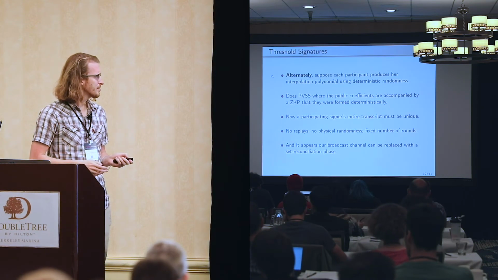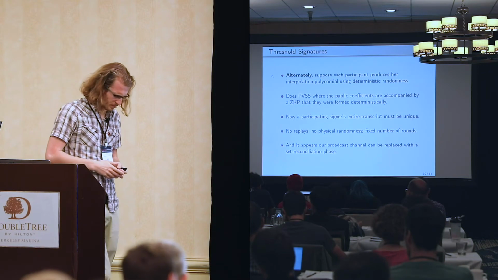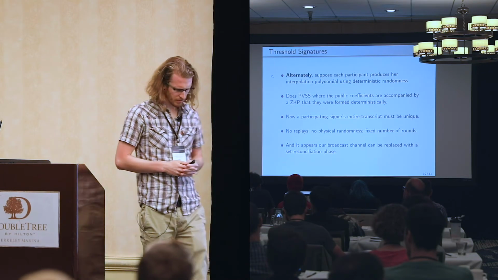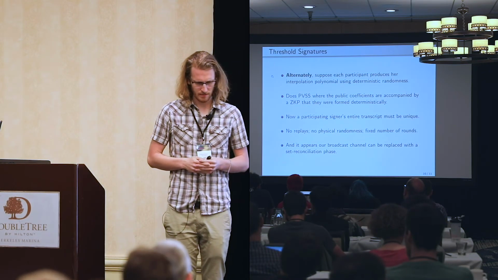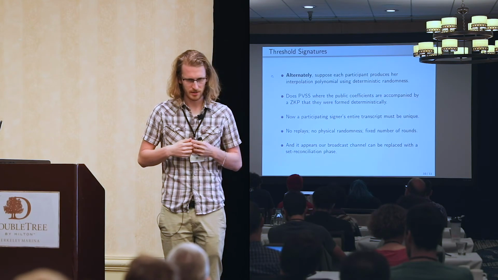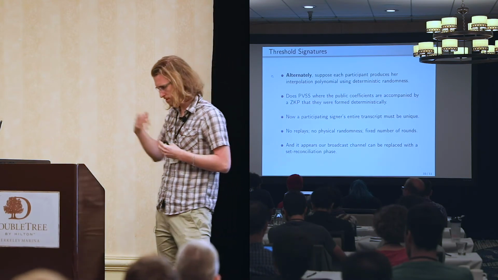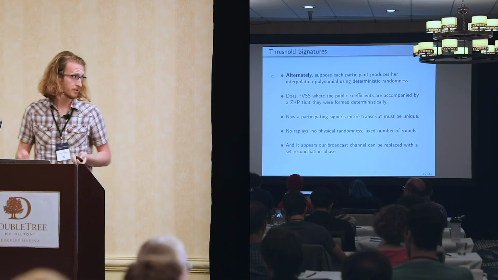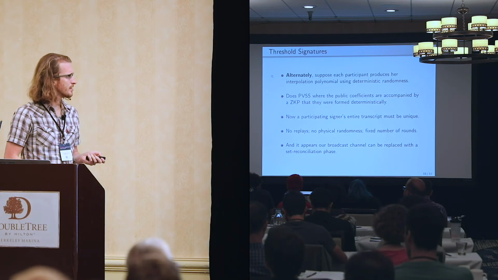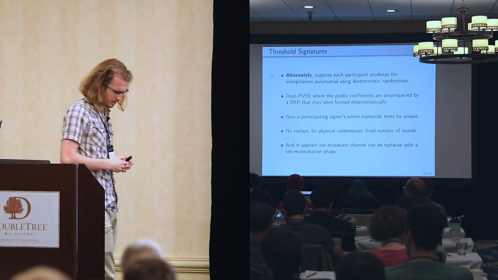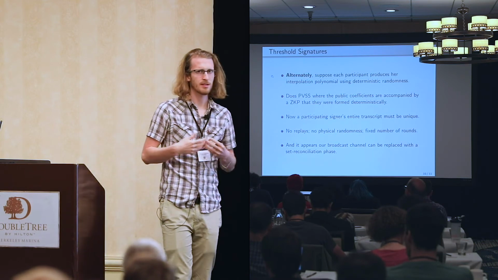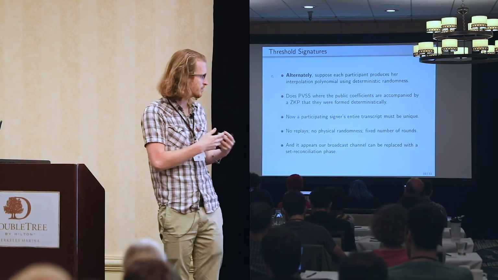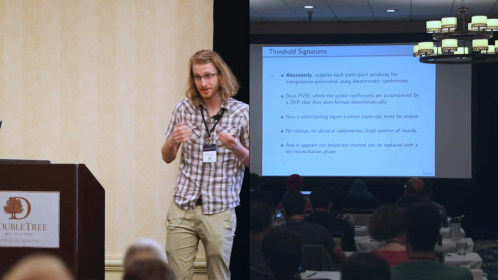And so when we get this determinism, now the only room for griefing is that some party can maybe send some data to some participants and not send data to the others. And what this means is that this need for a broadcast channel, ensuring that everybody gets the same data, can now be weakened, possibly in principle, but maybe not in practice, to saying maybe we can just do set reconciliation.